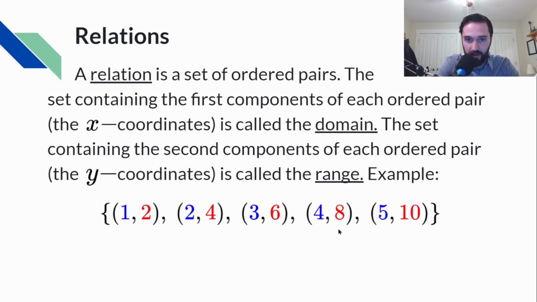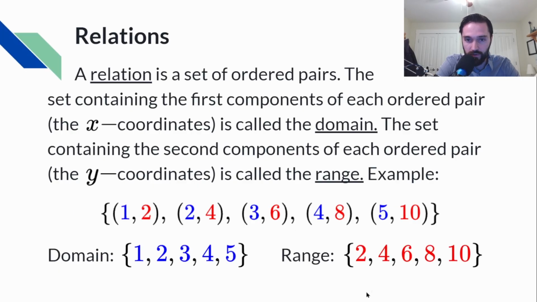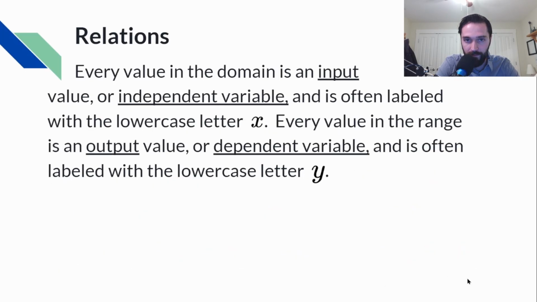The first values, the first components of each ordered pair, these values in blue here, make up the domain. And the red values make up the range. Every value in the domain is an input value or independent variable and is often labeled with the lowercase letter x.